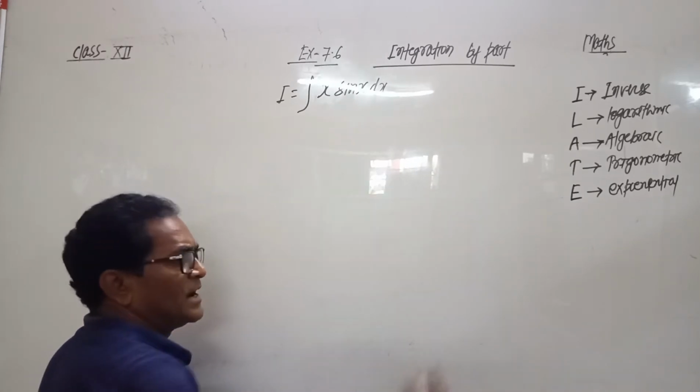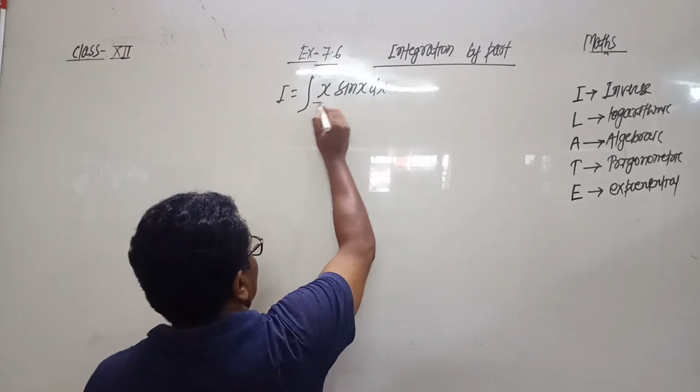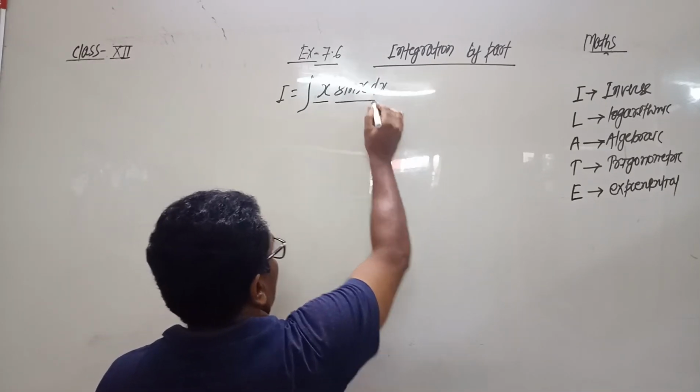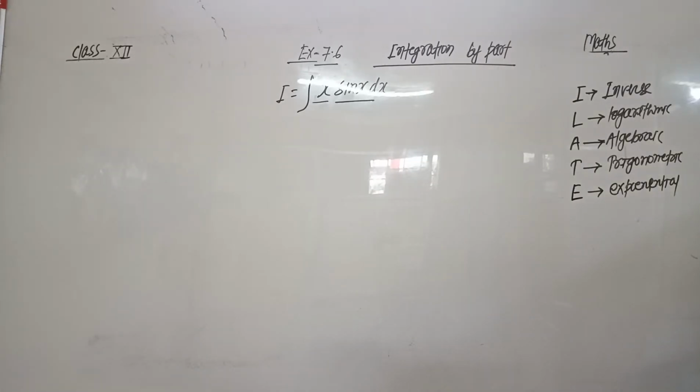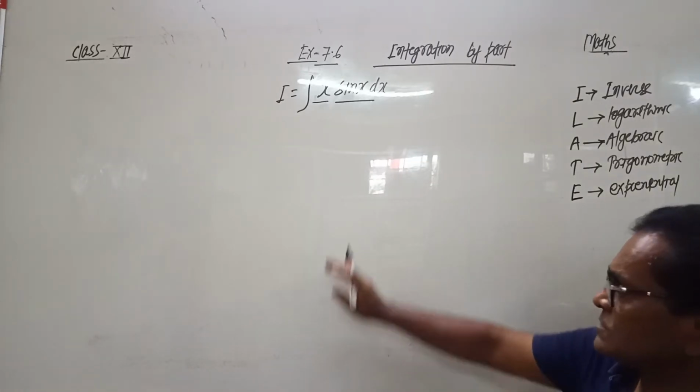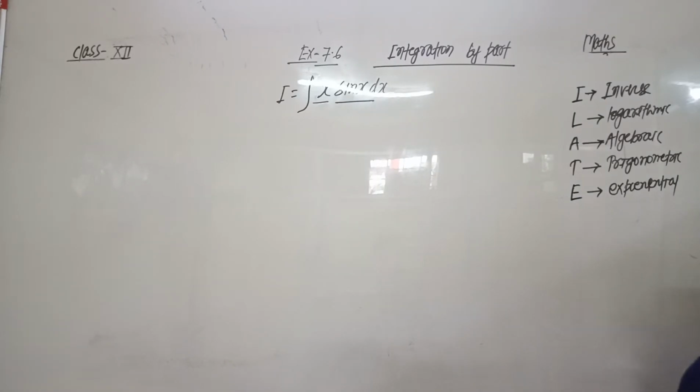There are two different functions, x and sin x. x is the algebraic function and sin x is the trigonometric function. So we have to select first function and second function from these two given functions.